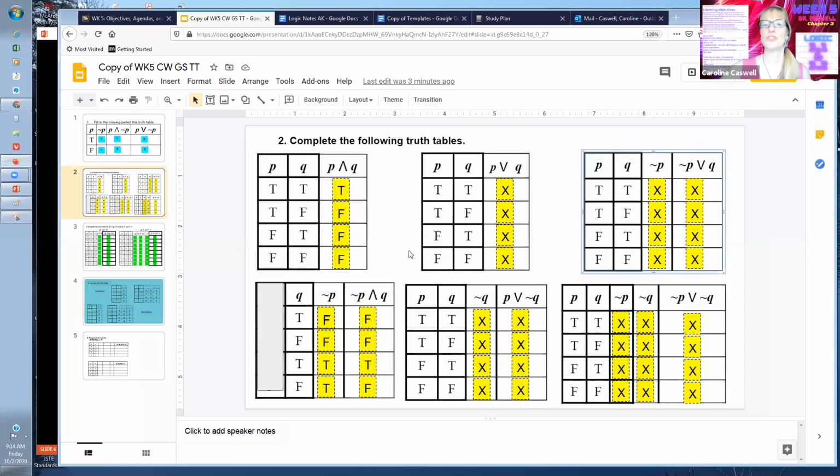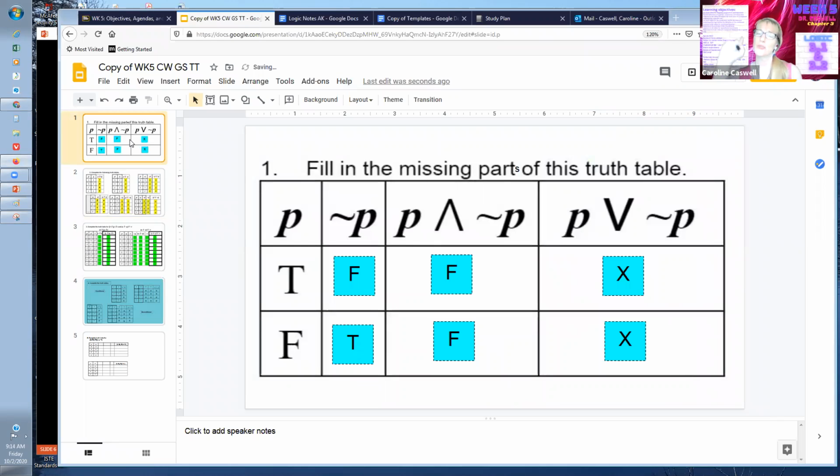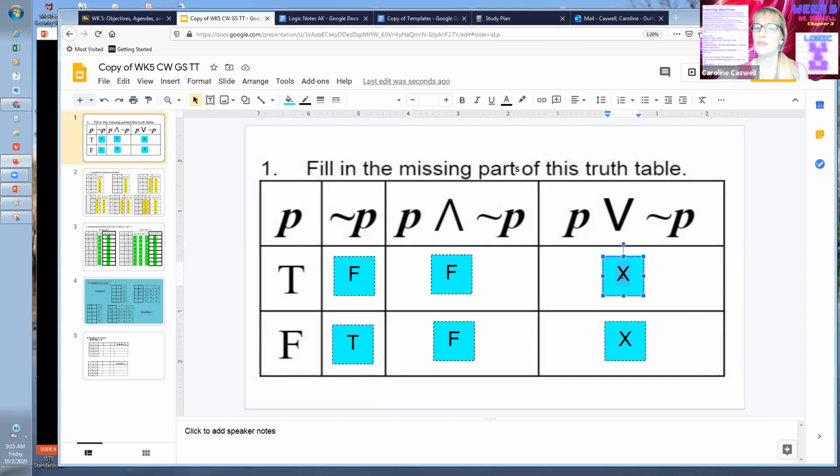Let's head back over to our number 1 slide. Let's do it for one statement. We have P, we have not P. We have true, we have false. What would be the disjunction of those two things, T and F?